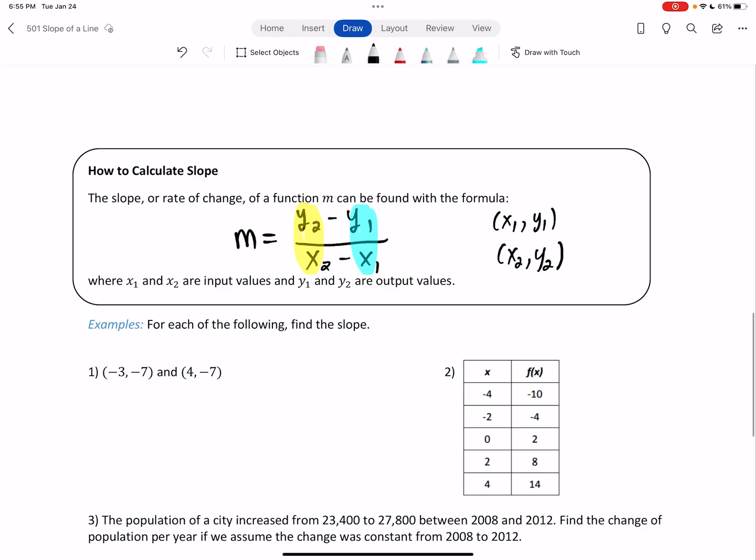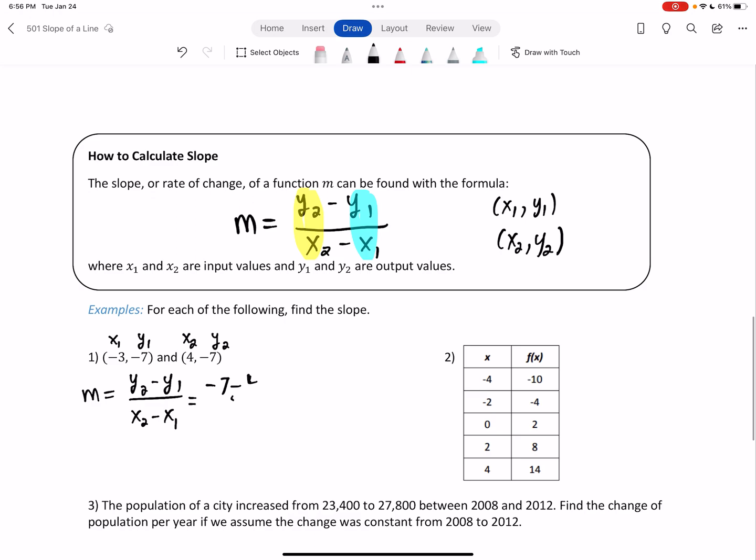So let's use this formula to calculate the slope. In this example, they give us 2 points. I'm going to label them as x1, y1, and x2, y2. And then my equation looks like y2 minus y1 over x2 minus x1. y2 is negative 7, y1 is negative 7. x2 is 4, x1 is negative 3.